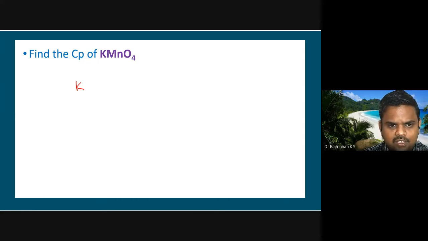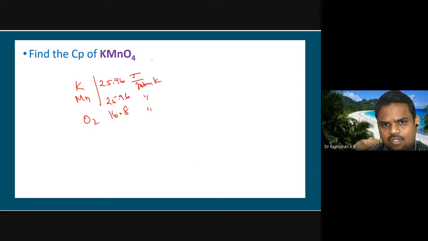So for K and Mn, from the table itself, they both are solids, so we can take the value of 25.96 joules per gram atom Kelvin, and for oxygen from the same table we have 16.8. Okay, so how much is there?